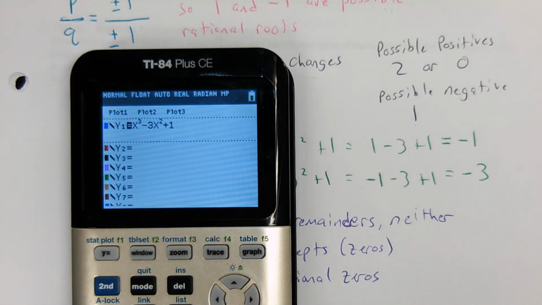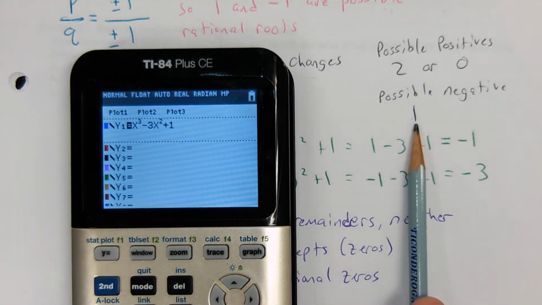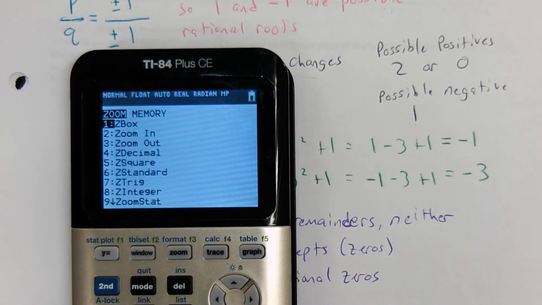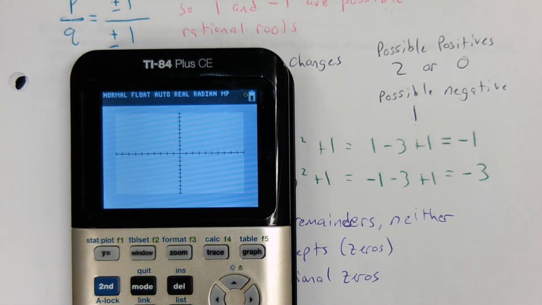Now remember, Descartes' Rule of Signs is telling us that there should be one negative real root. So we expect this graph to cross the x-axis to the left of x equals 0. Zoom 6. Whoa, look at that. So it did cross the x-axis 3 times.